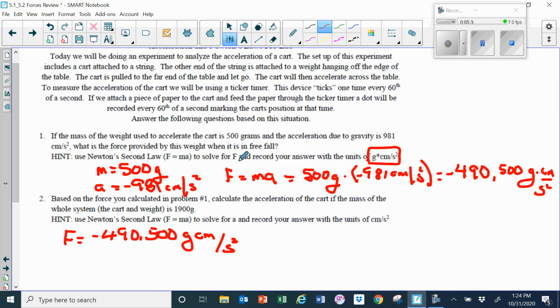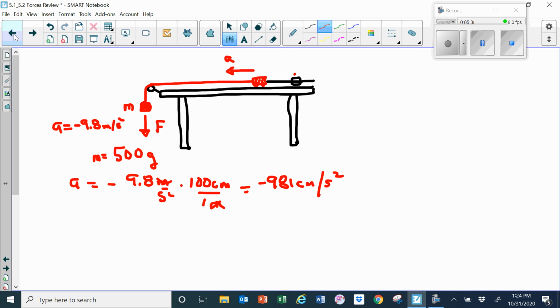Now the interesting thing is that the whole system includes the mass of the weight and also the mass of the cart. We're not going to worry about the string, so we're just going to use the mass of the weight and the mass of the cart.